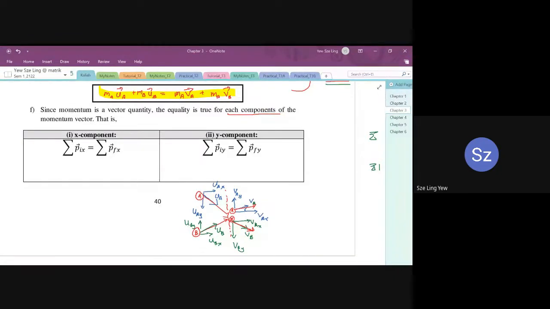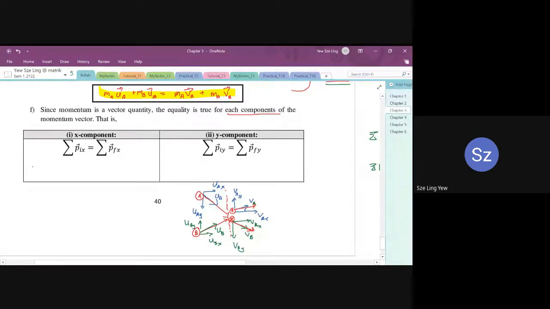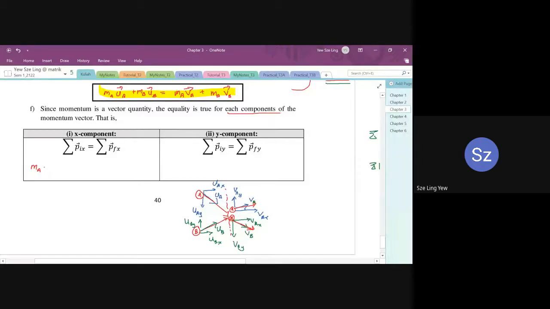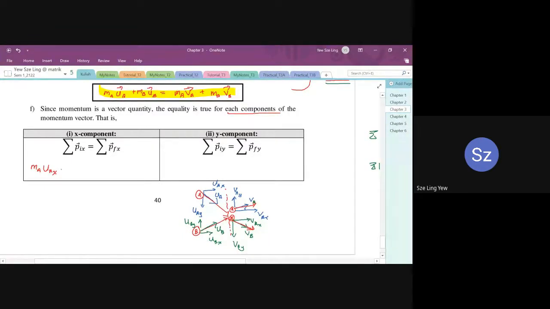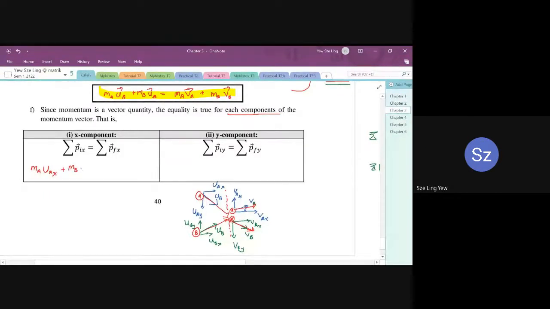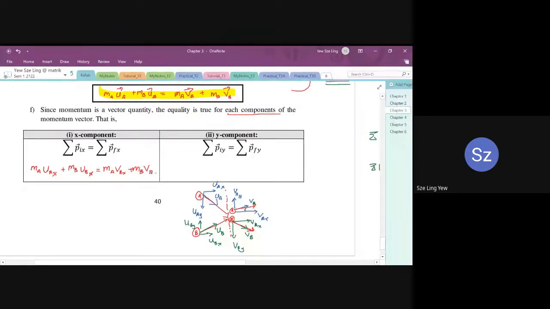So I'm going to write it as MA UAX, using only the velocity along the X component and ignoring the Y component, plus MB UBX, equals MA VAX plus MB VBX.